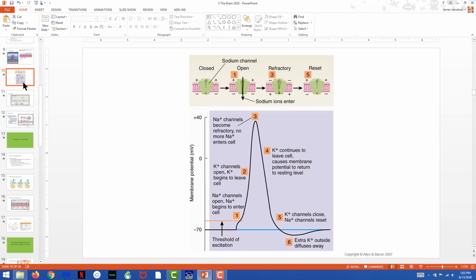That hyperpolarization is important. This is not part of your textbook, but I give this to you anyway to help you understand what its purpose is.